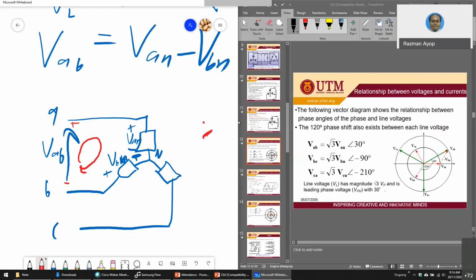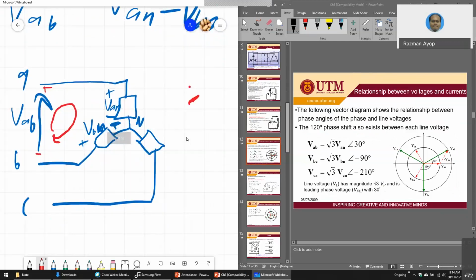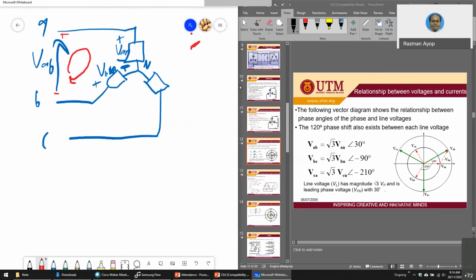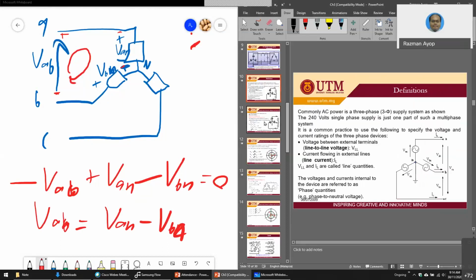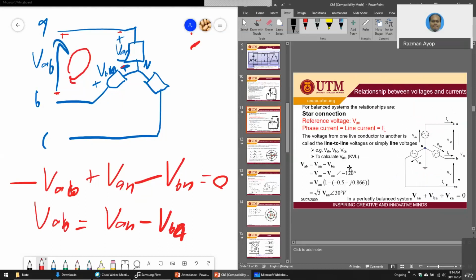So when you do a loop, you meet negative, so negative VAB, you meet positive, plus VAN, you meet negative, minus VBN, equals 0. So basically VAB is just equals to VAN minus VBN. That is how you get this.